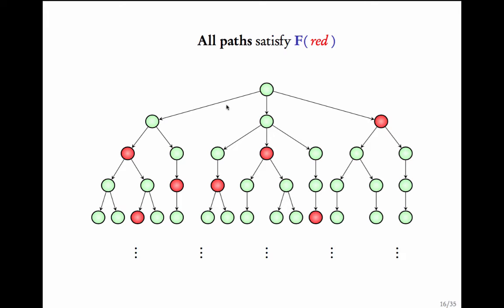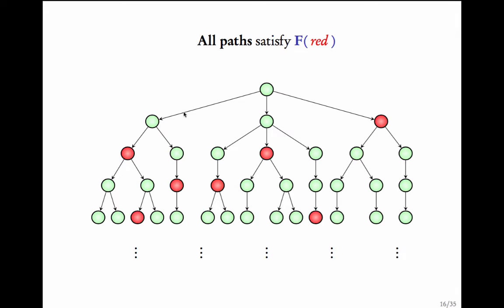For example, look at this path. Any continuation of a path in this subtree will satisfy F red. So there are many paths here. One that goes left, this one, or this one, the one that comes here, and so on. So any path obtained after this node will satisfy F red.